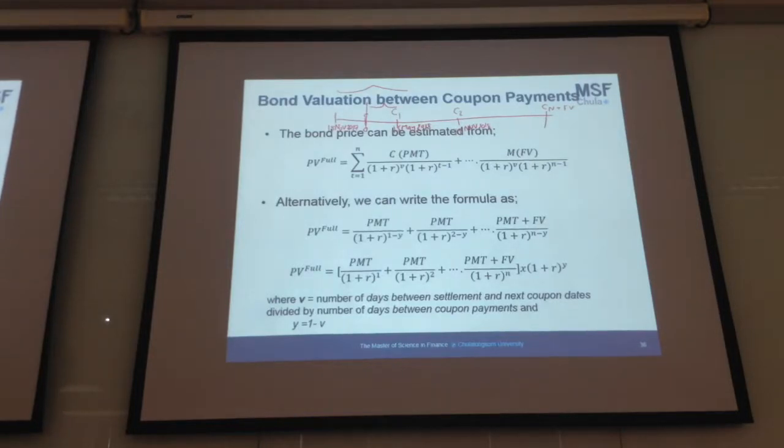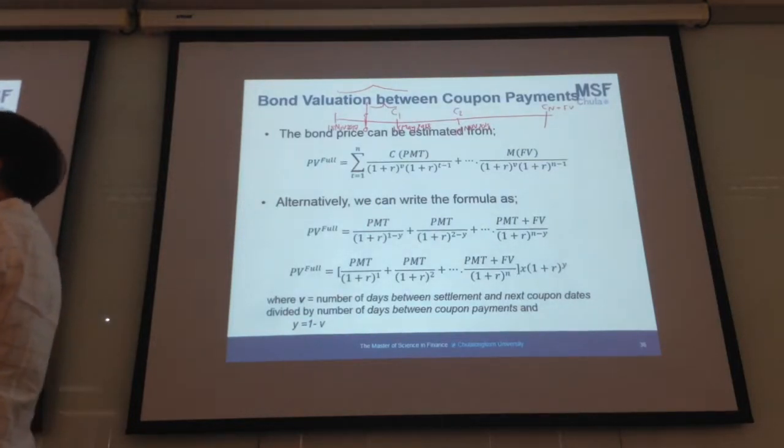Instead of using 1 plus RV, we use 1 plus R over 1 minus Y. At time 0, same. The point that we value this bond is still the same at time 0.